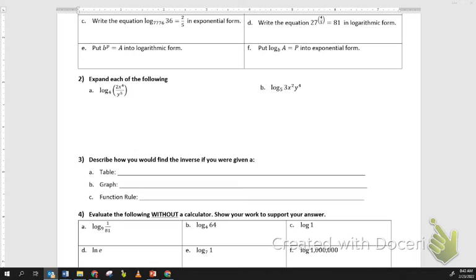In our bell work today, we had some problems where we condensed, and we did our power rule, product rule, and quotient rule. But we know that we do the opposite order for expansion.